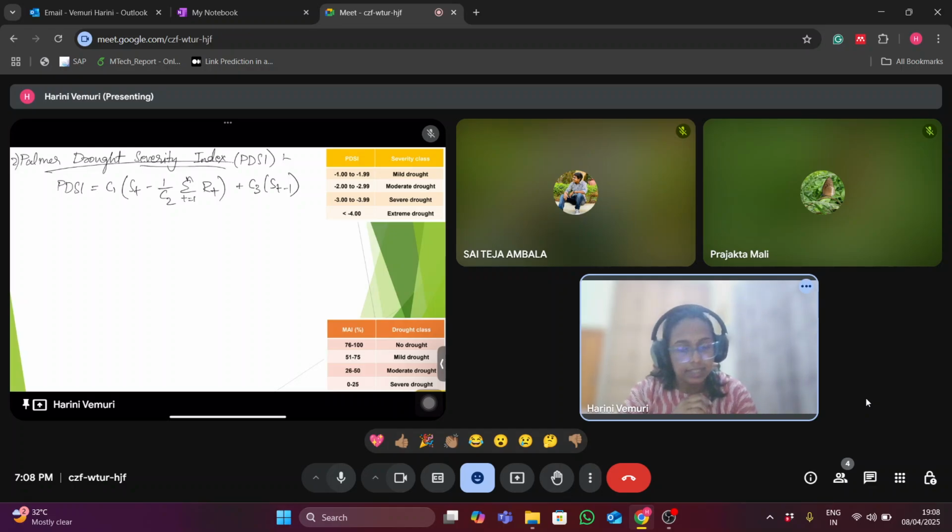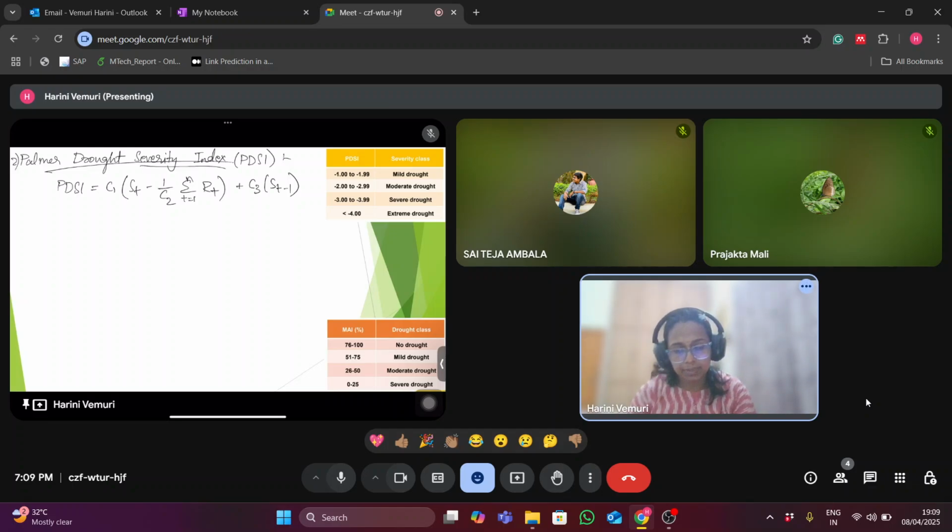C1, C2, C3 are coefficients which depend on regional conditions. Specialized software is used for the computation. Since the PDSI we calculate is correlated with soil moisture and stream flow in low and middle latitudes, this index can be used for identifying droughts in soil moisture and stream flow.